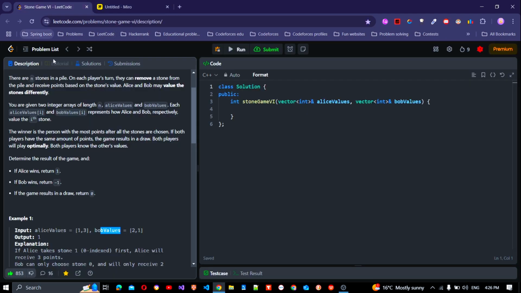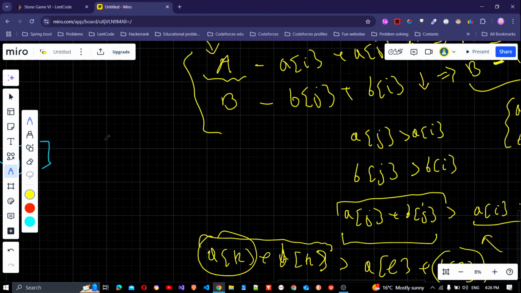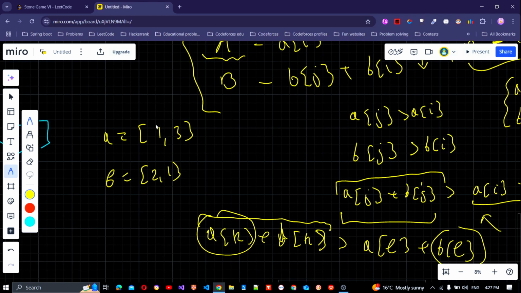So let's see this from the example. For example, we have Alice values 1, 3 and Bob values 2, 1, right? The sum of 1 and 2 is 3. Now the sum of 3 and 1 is 4.